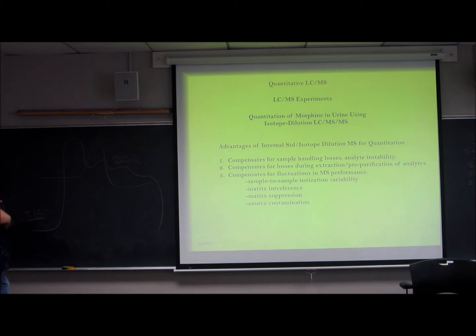Very often when you do your first proof of principle experiments, saying I'm going to quantify this compound in this matrix, what you'll find is that your sensitivity is terrible, even with mass spec. And the reason, when you do your full scan experiment, is that you see this huge blob of stuff coming out, and it's suppressing the signal so severely that you're not going to be able to do quantitation even with an internal standard.